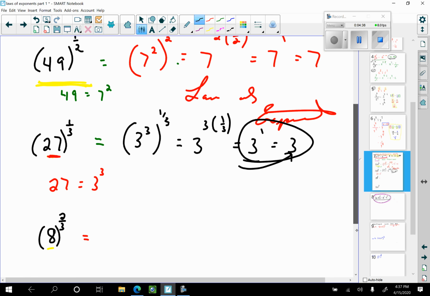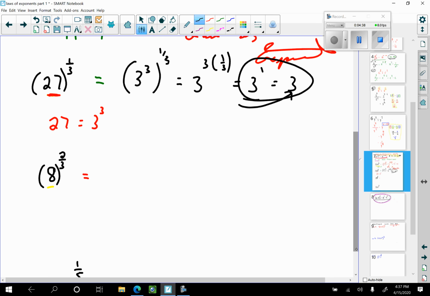Okay, here's a tricky one. This is going to be a very nice review for next year. 8 to the 2/3 power, without a calculator. Well, true or false, 8 is the same as 2 cubed. Therefore, this expression equals 2 cubed to the 2/3.